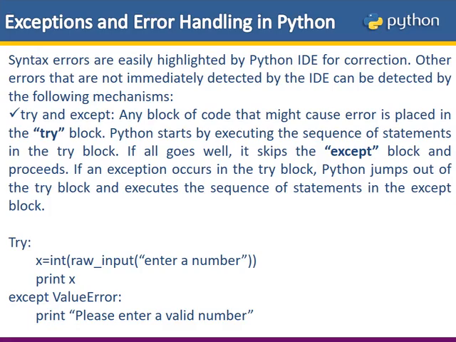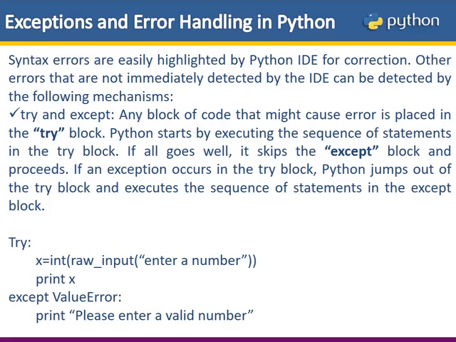Let's see it in the example here, using try colon, s equals int, inside the bracket raw_input, enter a number, close the brackets, print s.